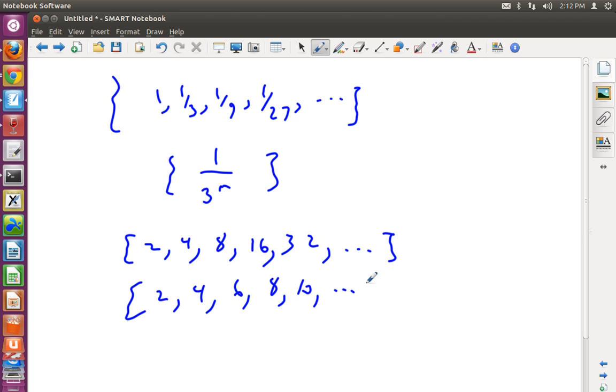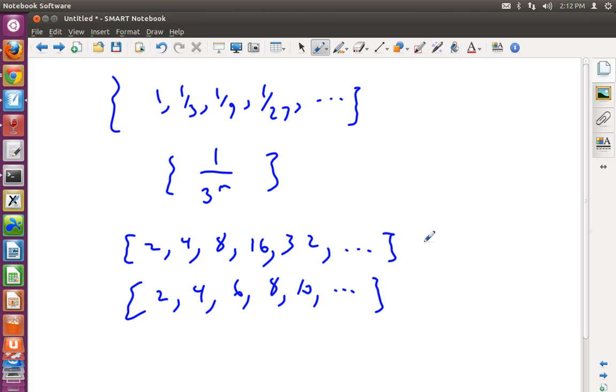Now that's arithmetic, because you're adding 2 every time. It's called the common difference because any term minus the previous term is 2. This is called the common ratio because any term divided by the previous term is 2. Common ratio, common difference: geometric, arithmetic.